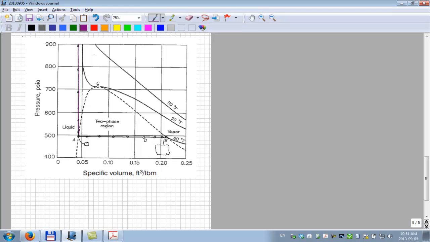Purple. And then it's going to keep going down, and it's going to come up like that, and then go off more or less the way it should out here.